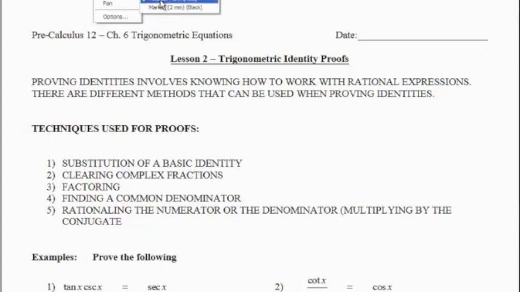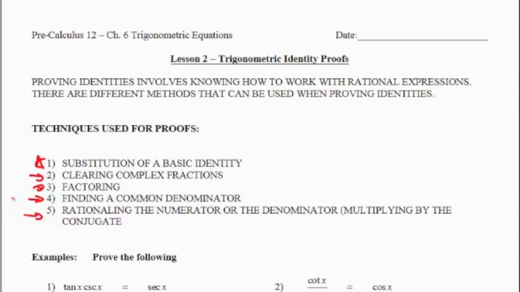You don't know exactly how we might come about our solution, so sometimes it may be a substitution, sometimes it may be clearing complex fractions, or factoring, or finding a common denominator, or even rationalizing the numerator by multiplying by a conjugate.